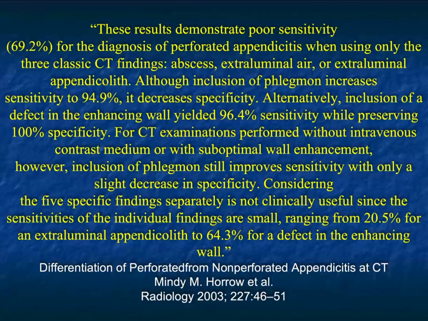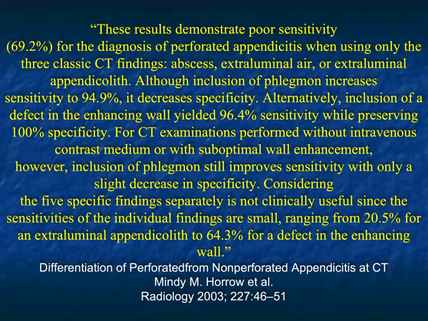I think this article goes back a number of years, as I mentioned. Considering the 5 specific findings separately is not clinically useful, since the sensitivities of the individual findings are small, ranging from 20% for an extraluminal appendolith to 64% for a defect in the enhancing wall.